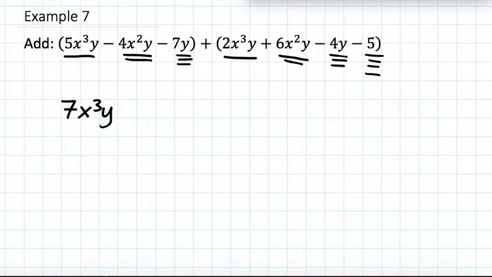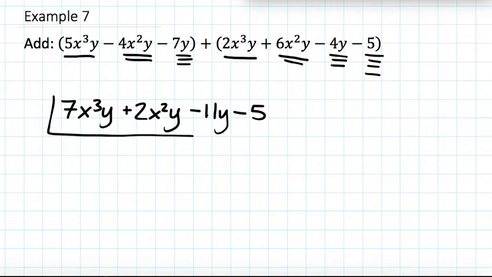We have x squared y's, negative 4 plus 6 is positive 2. Notice I'm not combining things that have different exponents, so I can't add these two things together because one is x to the third and one is x squared. Now just the y terms, negative 7 minus 4 is negative 11, and we also have a minus 5. So that's my answer for example 7.